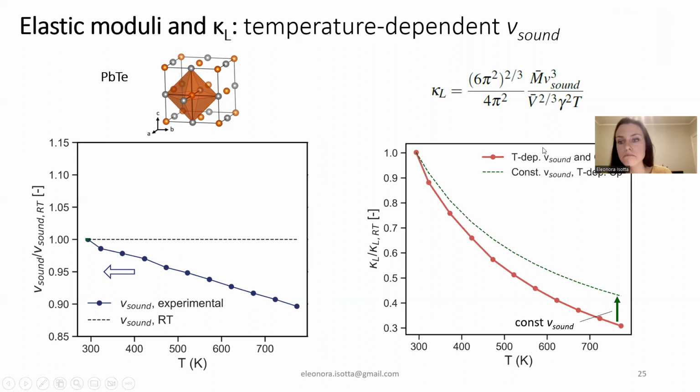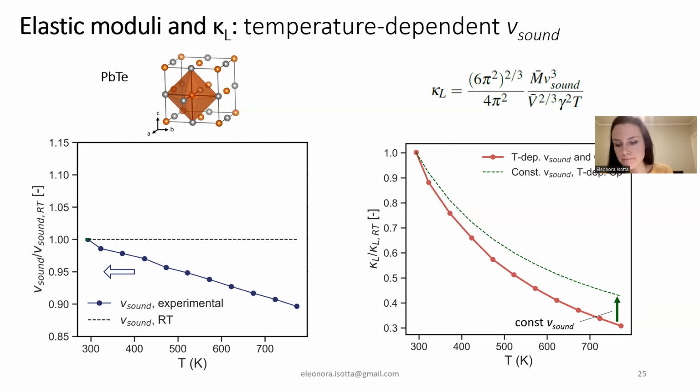And this will actually introduce some errors in the prediction of lattice thermal conductivity because, for example, in red, this curve represents the thermal conductivity that we would predict if we take into account a temperature-dependent speed of sound, while in green, we can see the underestimation that we obtain if we do not take into account this temperature dependence.